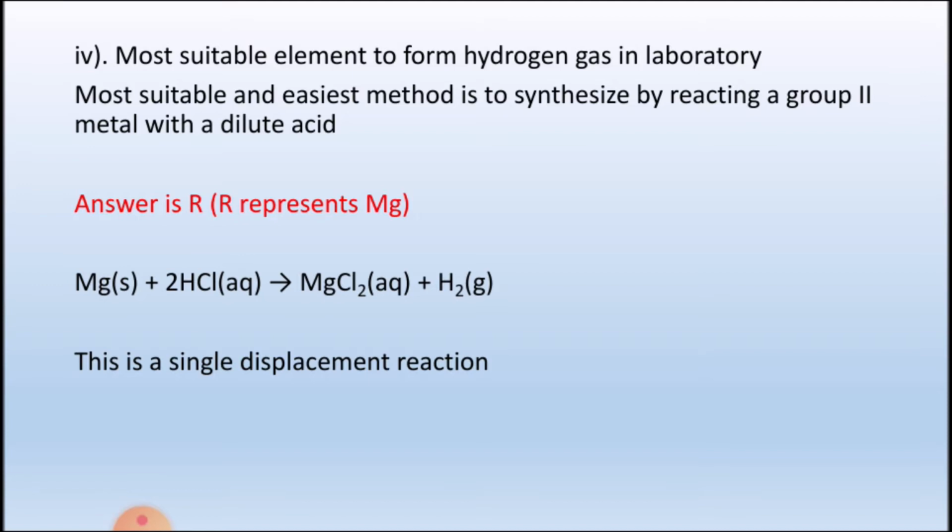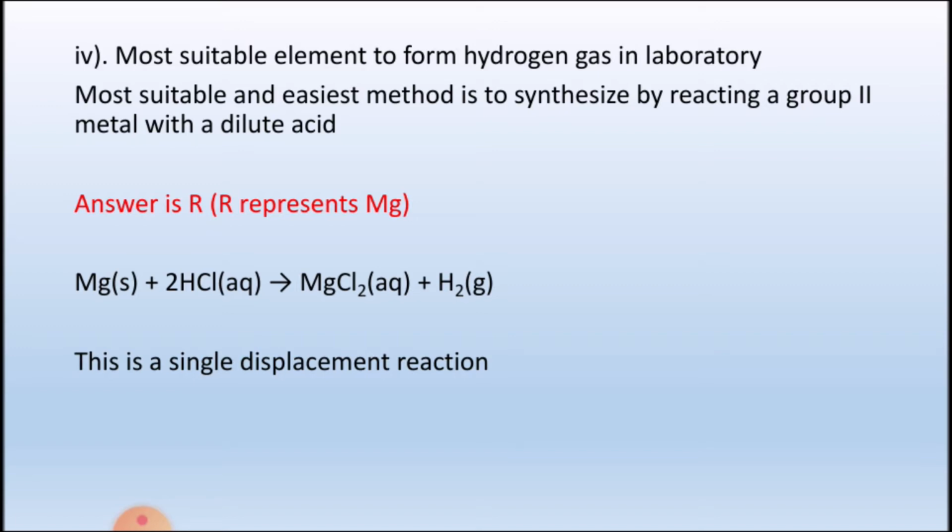But we are not going to react it with elements belonging to group 1. For example, if we try to react it with potassium, it could be an explosion. So that means it is really dangerous.